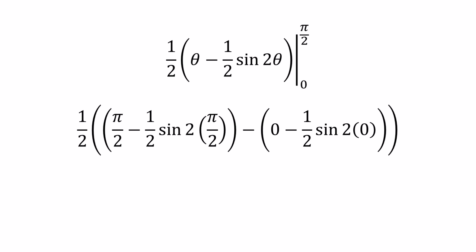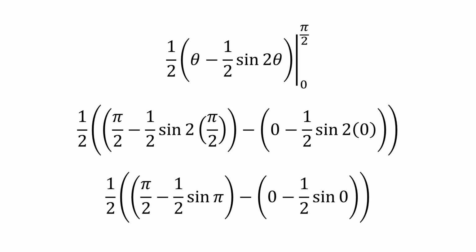Simplifying the arguments then gives 1/2 times pi over 2 minus 1/2 sine of pi minus 0 minus 1/2 sine of 0.